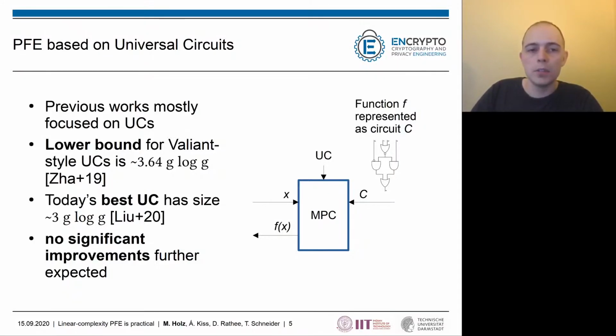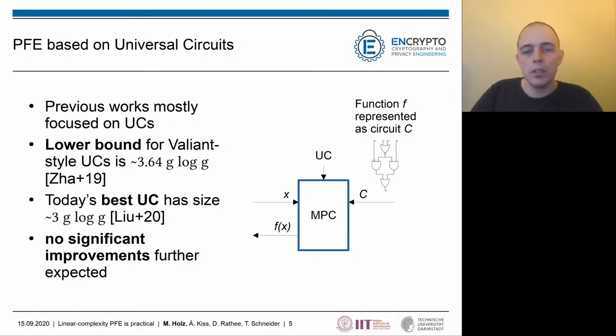Since the universal circuit is able to evaluate any Boolean circuit up to a given size, it is then able to evaluate the circuit represented by C on the private data x. And the multi-party computation protocol guarantees that no inputs of the participants, that is the private data x and the private function represented by the circuit C, are revealed to the other participant.